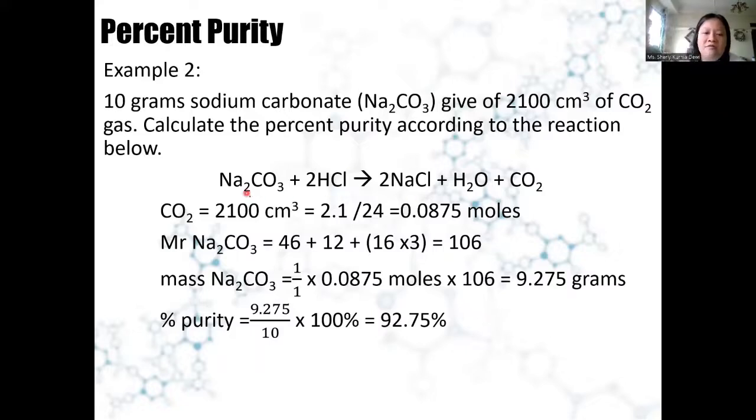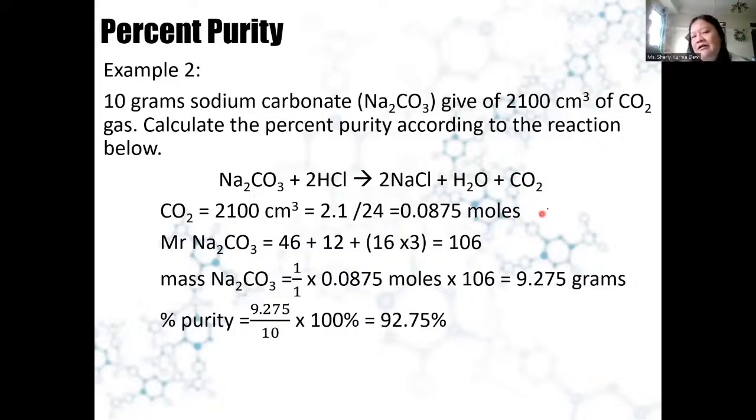First we have to write down the reaction. Sodium carbonate plus HCl. This is the reaction of carbonate and acid. It produces sodium chloride plus water plus CO2.